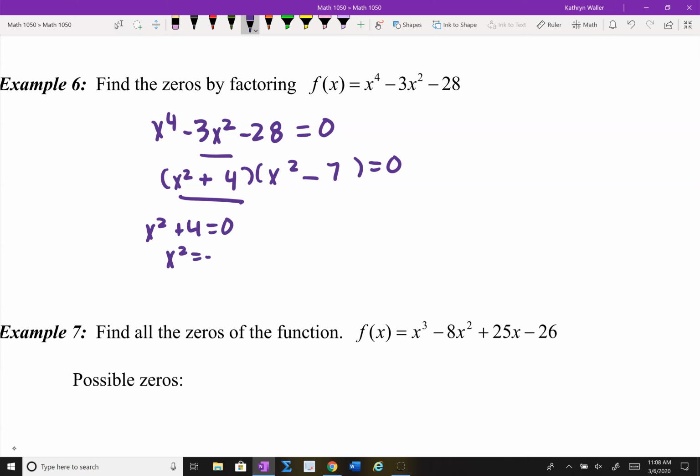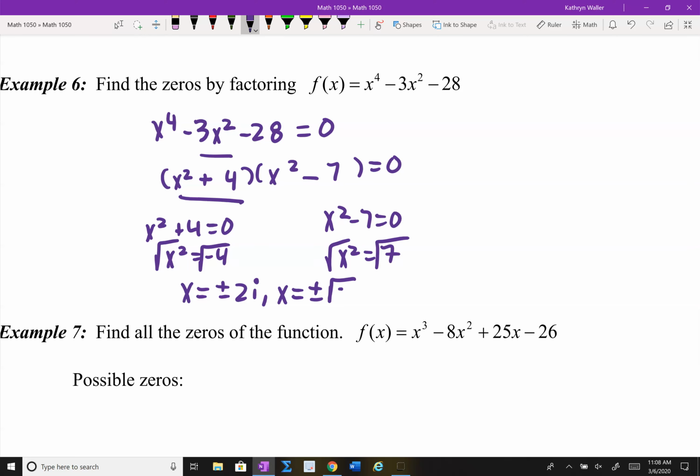That's x squared equals negative 4. Square root it. That's x equals plus or minus 2i. Now do this guy, x squared minus 7 equals 0. Pull my 7 over, square root, and then I'm going to go x equals plus or minus the square root of 7, like that.